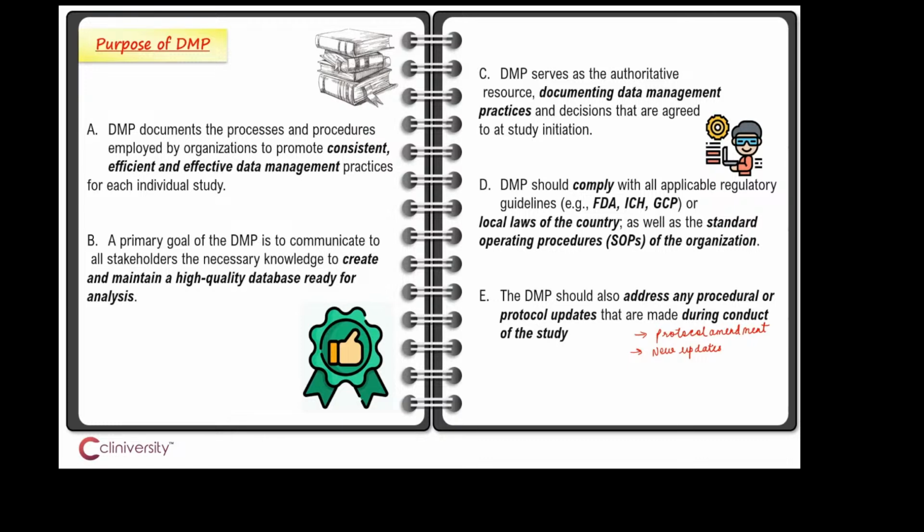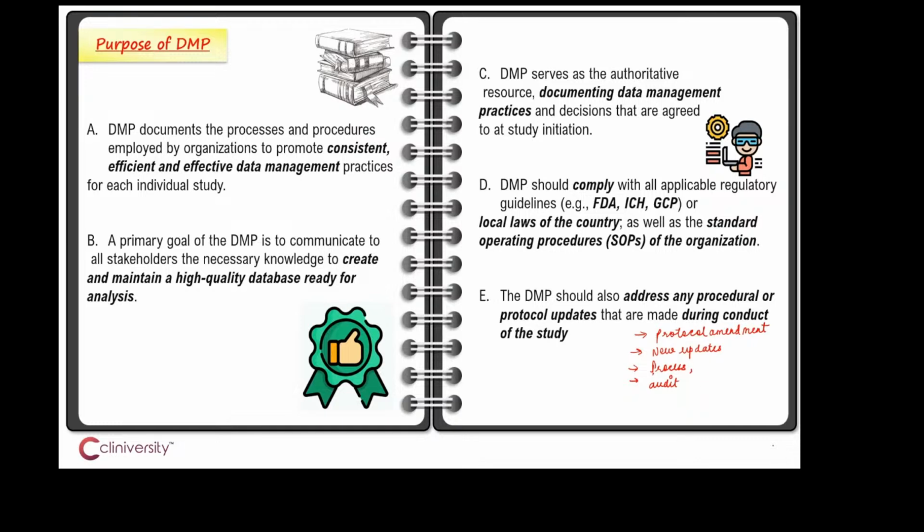Then there could also be, like we said, changes in the process. Now, as a result of all of these activities, or because of certain audit or inspection findings, there could be some new updates added, right?